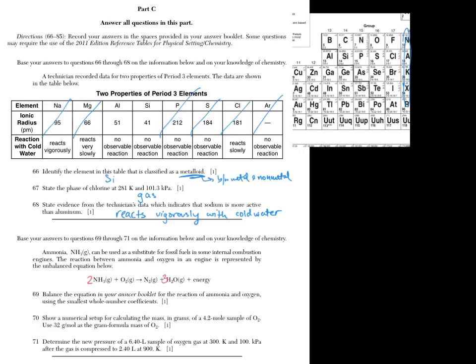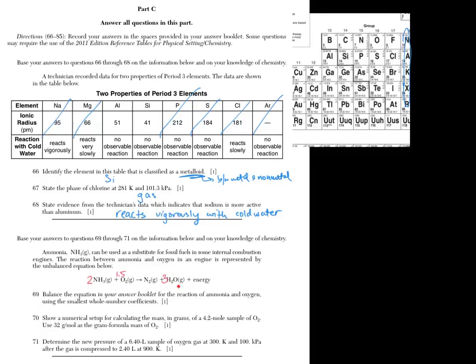And now the last thing we have to balance out are the oxygens. This is where things can get a little tricky. Here we have 3 oxygens, and over here we have 2. How do we make it 3 oxygens on the left side? I'm going to put a temporary 1.5 here. So 1.5 times 2 gives us 3 oxygens. Right now it's balanced, but it's not whole number coefficients.